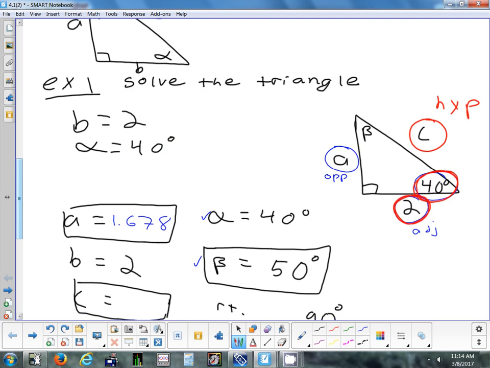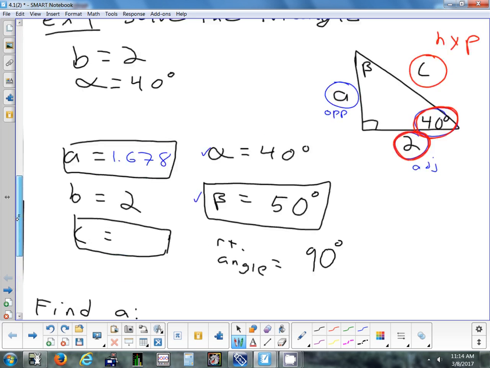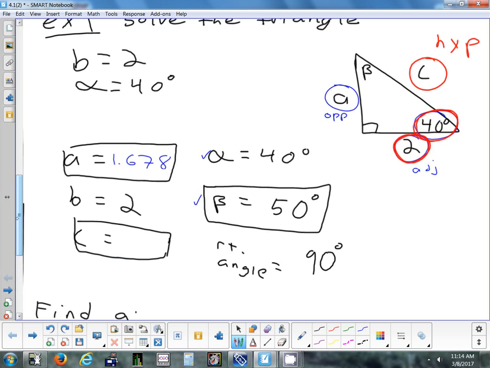There's a side I want to know, it's hypotenuse. There's only one trig function that has those two in it. What trig function has those two sides in it? Cosine. So to find C, can somebody set up my equation to find C using cosine?